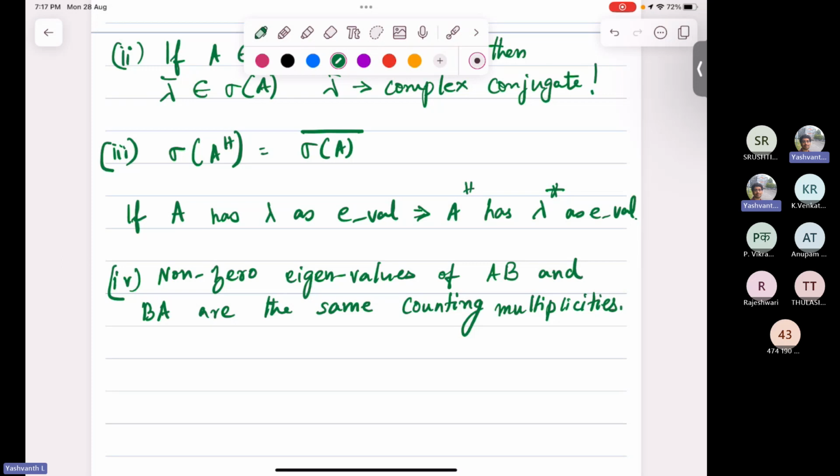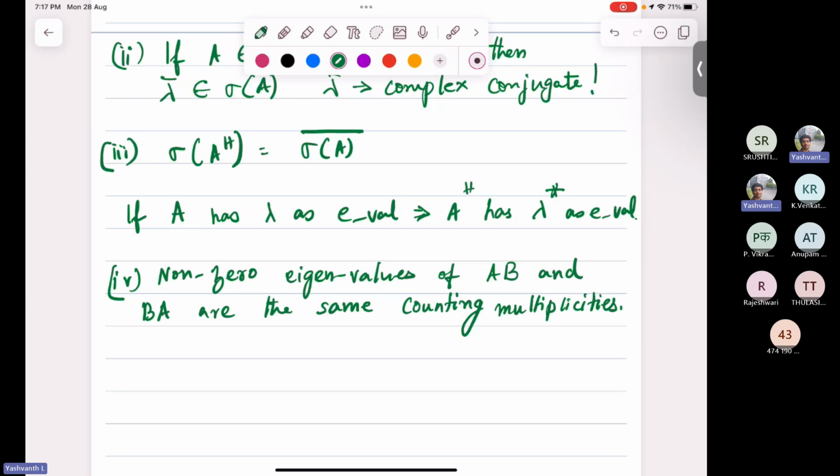So the matrix C, defined as AB, and the matrix D, defined as BA, are not the same. We may think that the eigenvalues will be different, but that's not the fact. Although the matrices C and D are different, their eigenvalues will be exactly the same, and in fact, counting multiplicities.